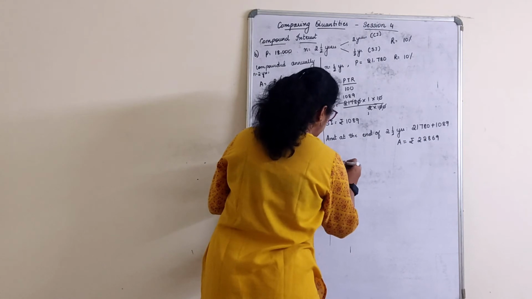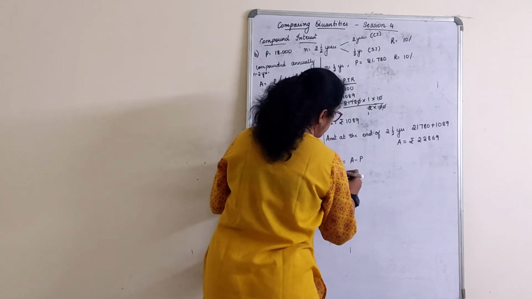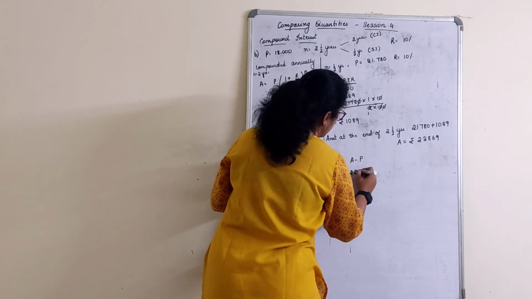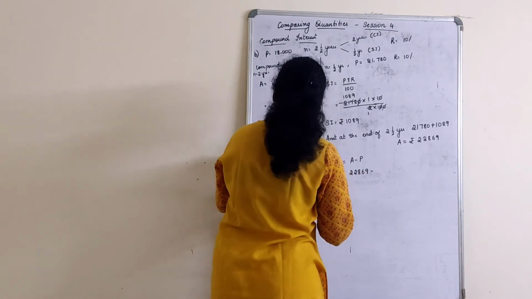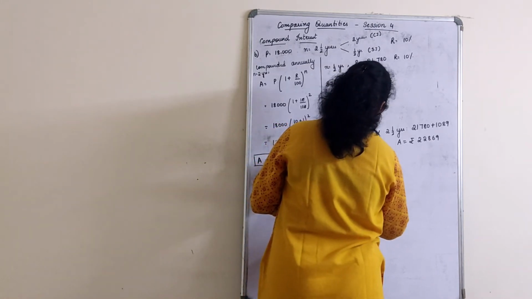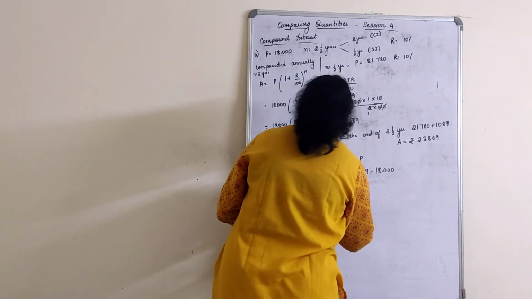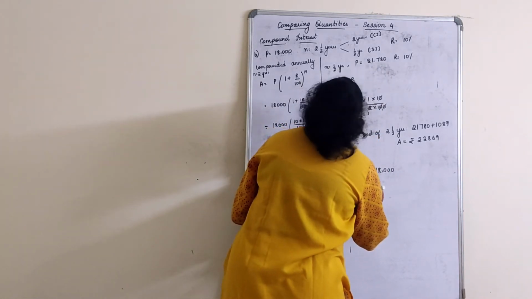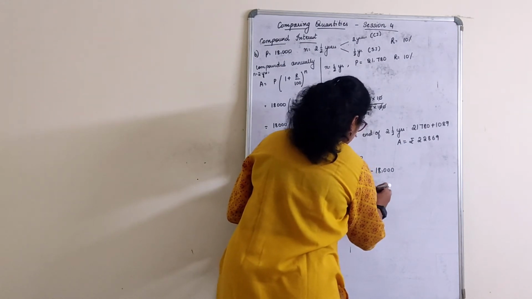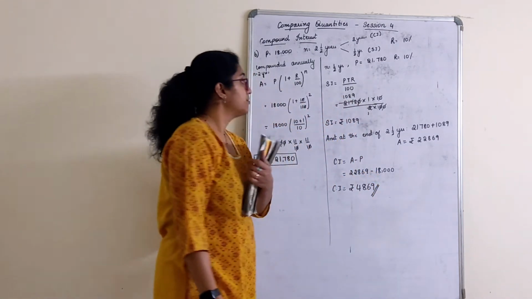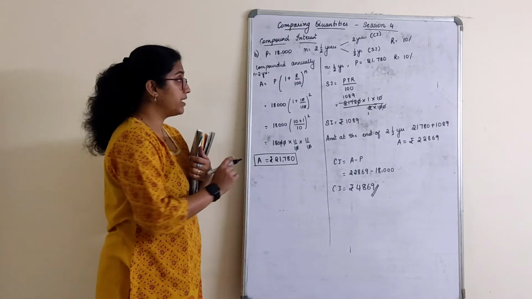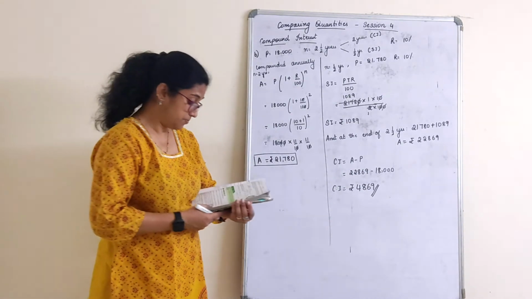Finally, compound interest is equal to amount minus principal. 22,869 minus 18,000. Compound interest is rupees 4,869. Right? Neatly, this one below the other, what you have to do this.